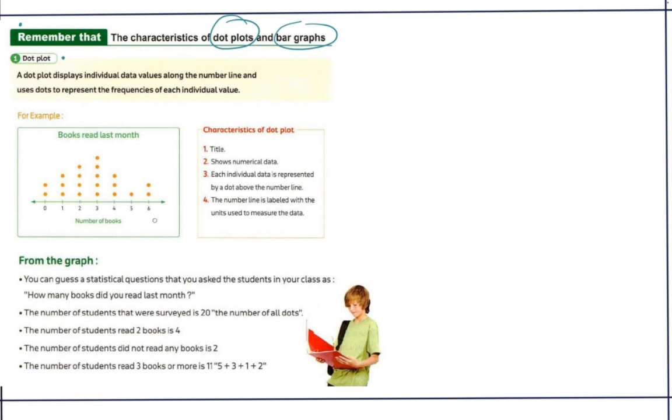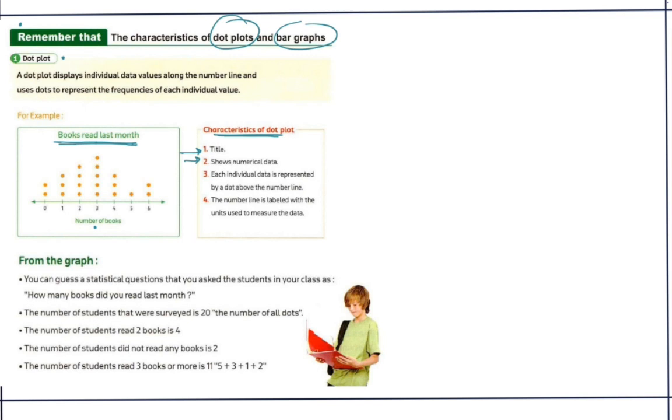We have a number line 0, 1, 2, 3, 4, and these numbers are the number of books, and we have a title: books read last month. Where is the title? This is called the title: books read last month.